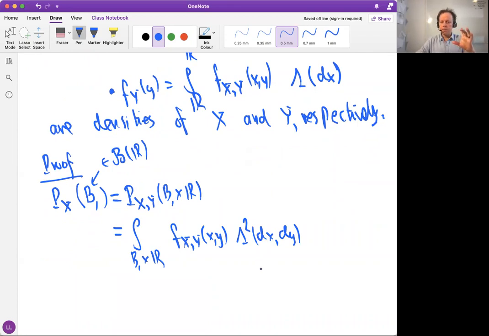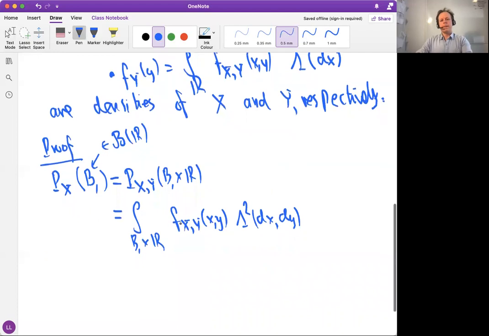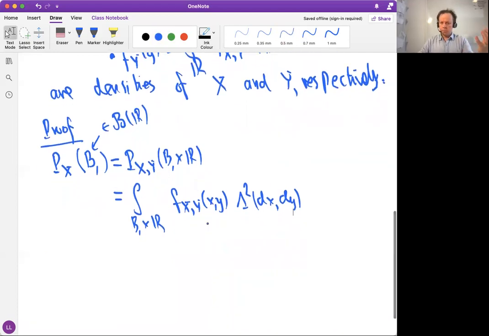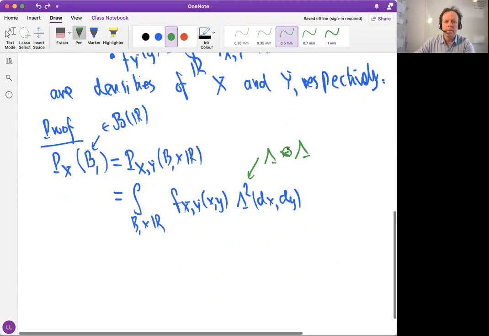And then what do we do? We know that f_XY is a non-negative, measurable function. We also remember that this is a product measure. We have learned about product measures in the previous lecture using Fubini's theorem.